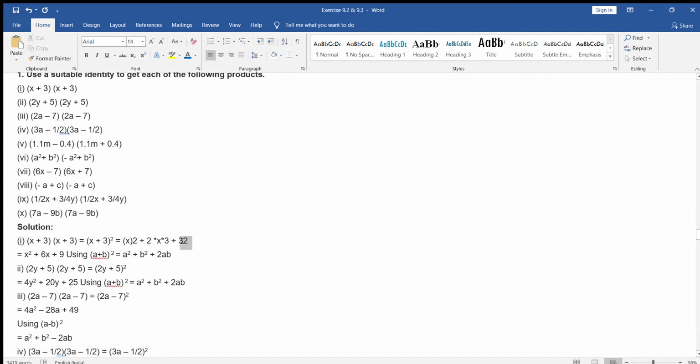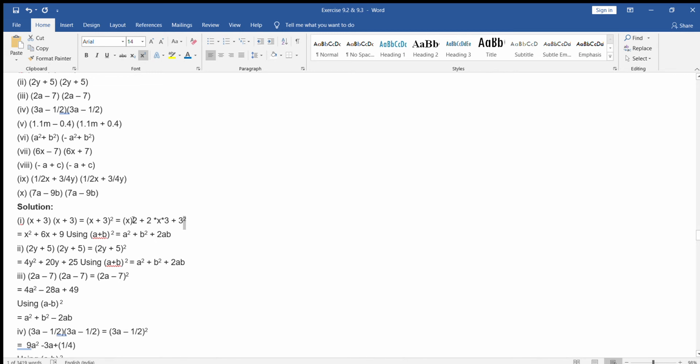You can also write it this way so it is easier to understand. We are putting the values in the given identity. (x plus 3)(x plus 3) means (x plus 3) whole square. Now instead of the square we use the identity a square plus 2ab plus b square. Compare both: a square means x square, b square means 3 square, 2ab means 2 into x into 3. Here we have put the values and here we have solved. You can write them directly also, or put the values in the given identity.